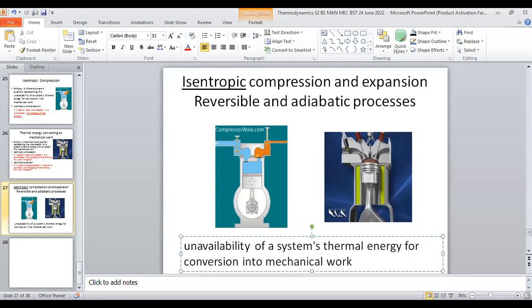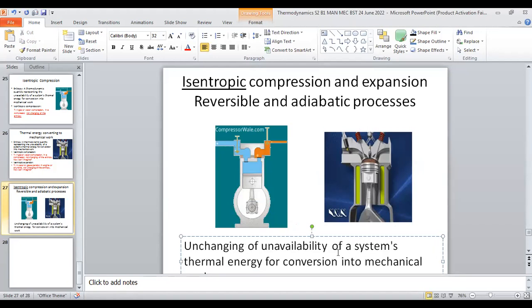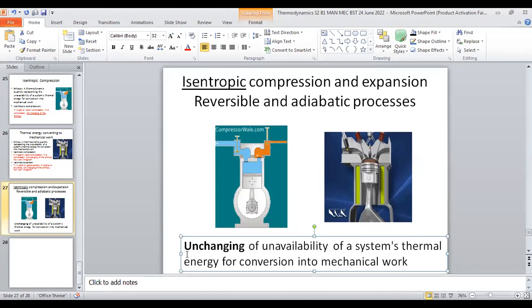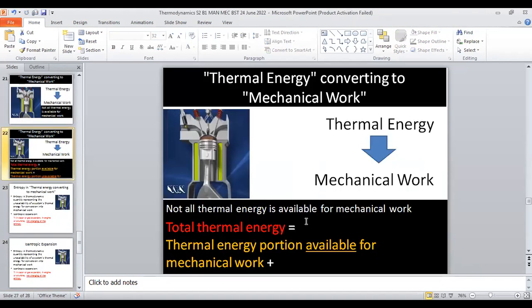So when this is unchanging, the unavailability, see two portions: available plus unavailable.